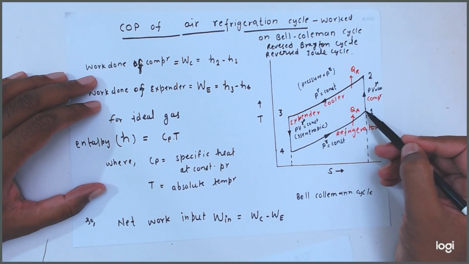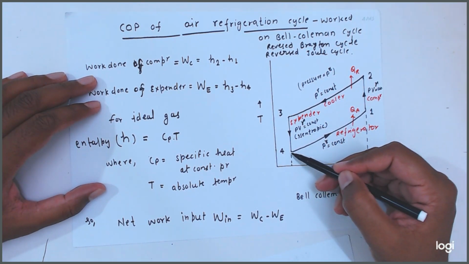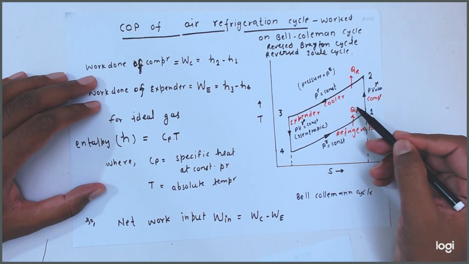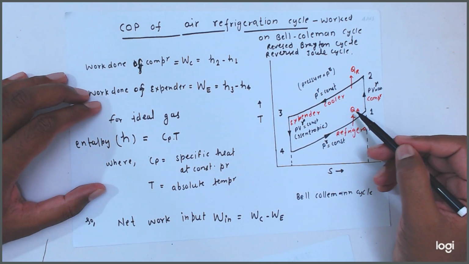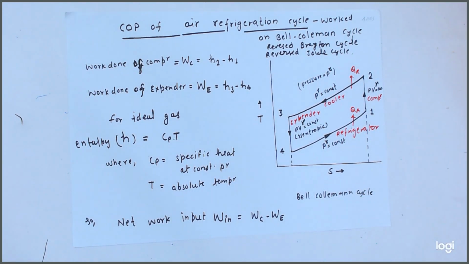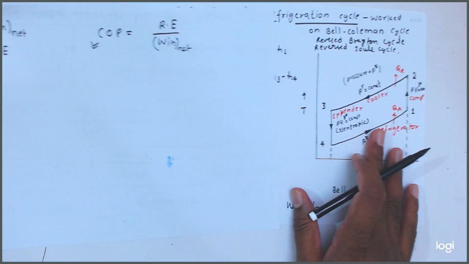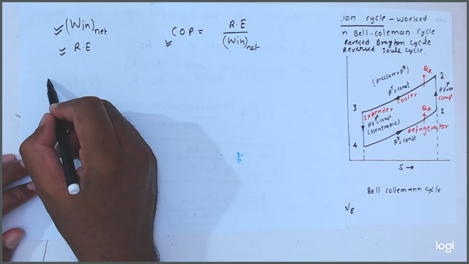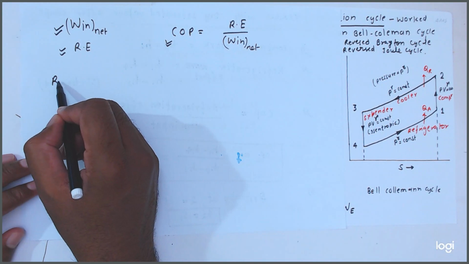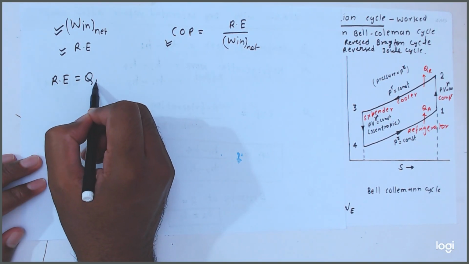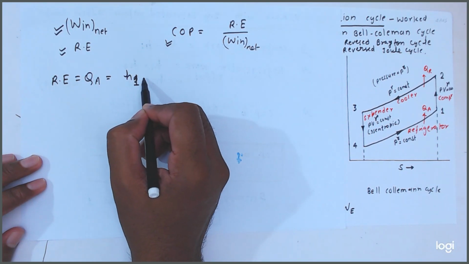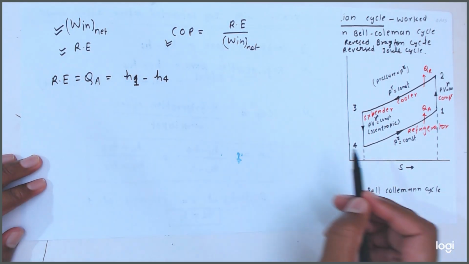So enthalpy at point 1 minus enthalpy at point 4 gives the heat addition, or refrigeration effect, in this case. So Q addition is equal to enthalpy at point 1 minus enthalpy at point 4.